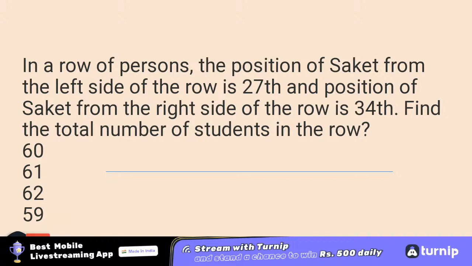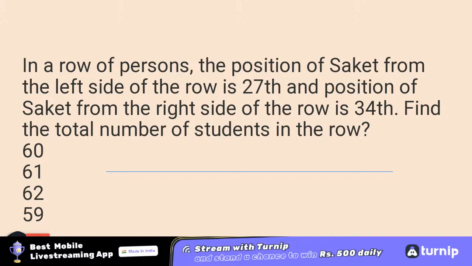The next question says, in a row of persons, the position of Saket from the left side of the row is 27th. And the position of Saket from the right side of the row is 34th. Now we are talking about the position of Saket in both the cases.